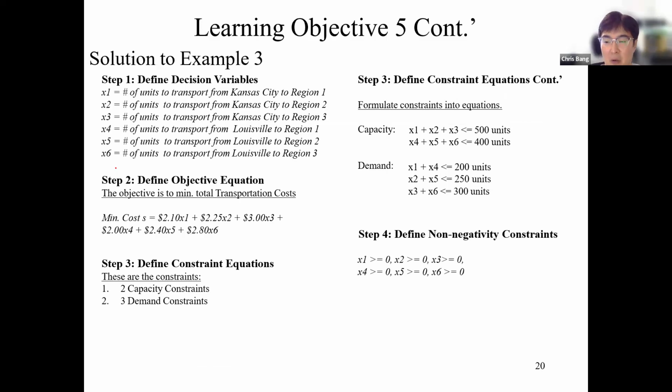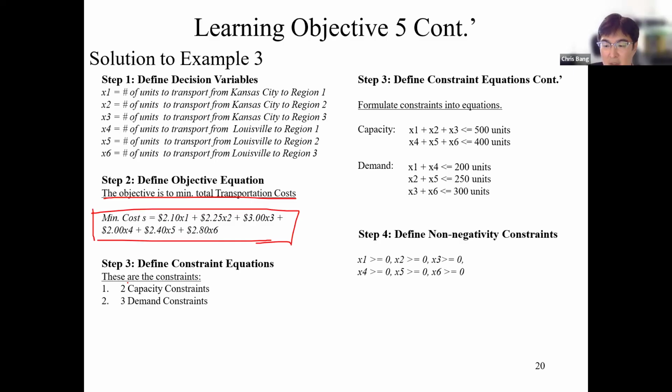To formulate the problem, we define six decision variables, each one for a shipping route from plant to warehouse. The objective function minimizes total shipping cost by multiplying each route's shipment quantity by its unit transportation cost.